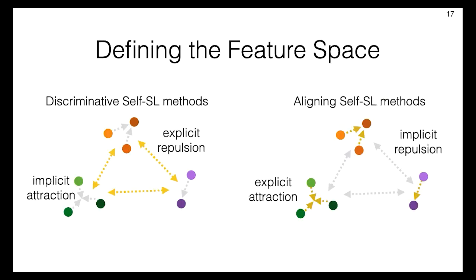We can categorize many of the existing self-supervised learning methods as discriminative and aligning ones. The first group specifies what images should be separated, but does not describe explicitly what images should be close to each other. The second group specifies the opposite, what images should be close, but is generic or uniform in what images should be separate from other images.